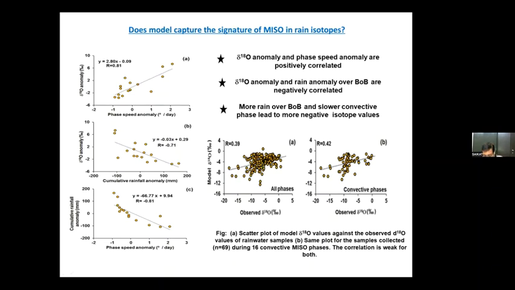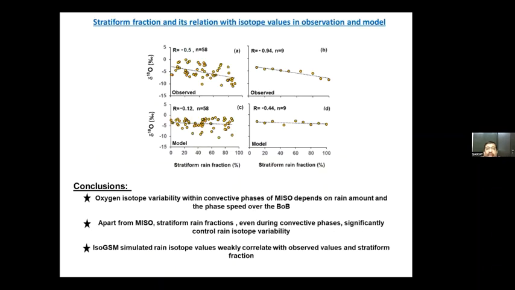Then we plot another parameter called stratiform fraction in cloud, which generally bears a negative correlation. If you have more stratiform fraction, we get more negative isotope values, which is pretty well found in our observations.